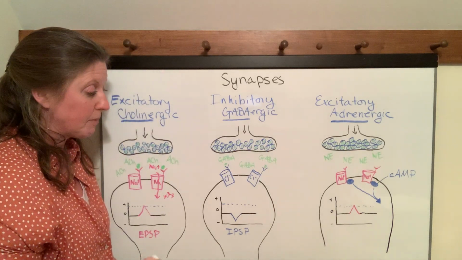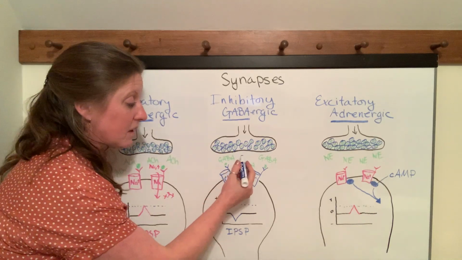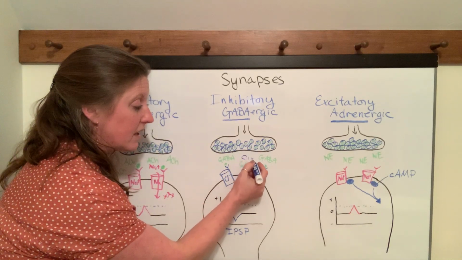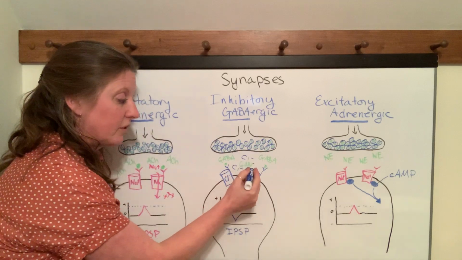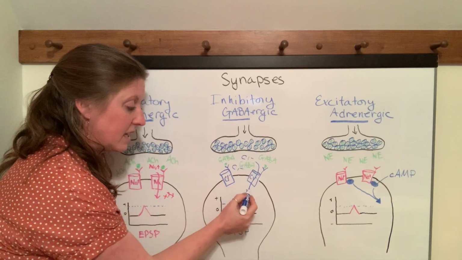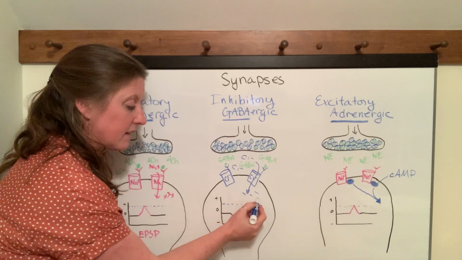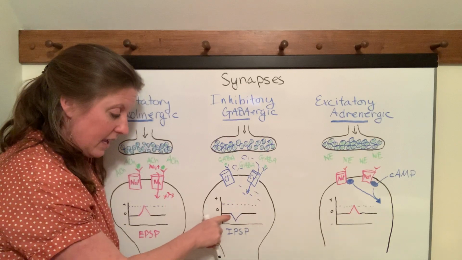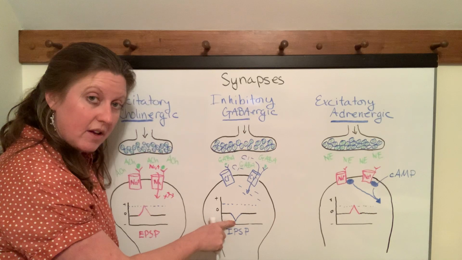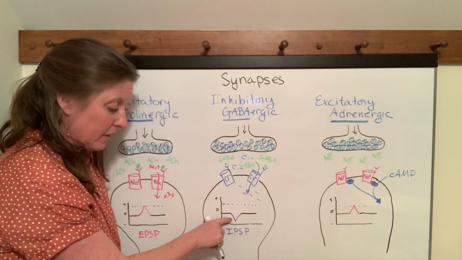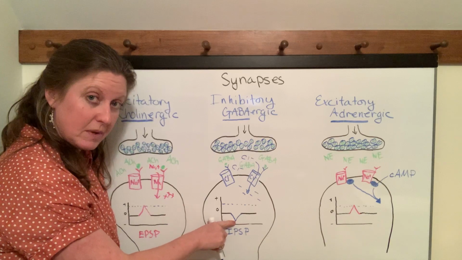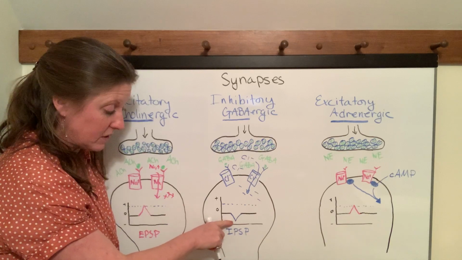Chloride happens to be similar to sodium in that it's most concentrated outside of the cell, which means that when these channels open, chloride rushes into the cell, making the inside of the cell more negative. And you can see here that the cell became more negative. We call this hyperpolarization because it's even more different from the outside. It's more negative compared to the outside.